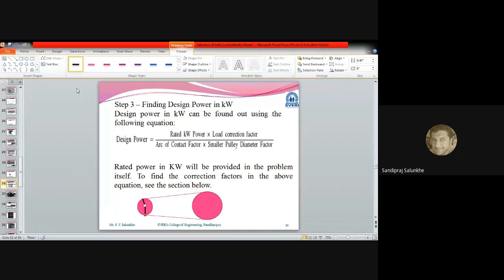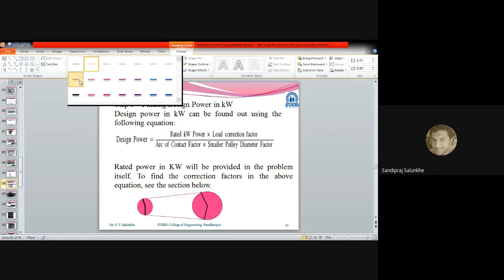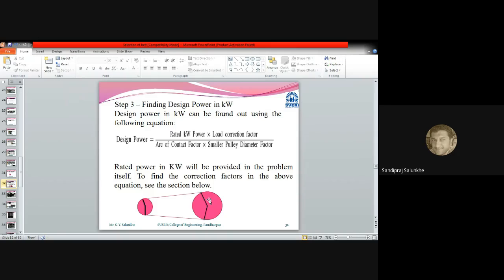So this is the contact arc, and for the bigger pulley it will be from here to this point. Are you getting my point? Yes. So this will be the arc of contact for the bigger pulley, and this will be the arc of contact for the smaller pulley.